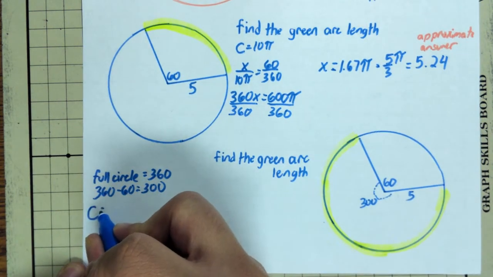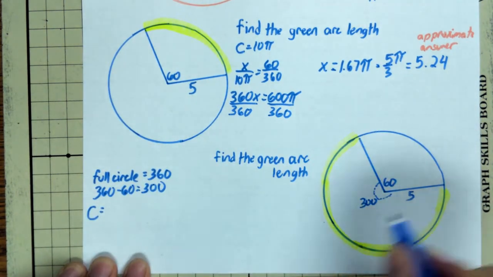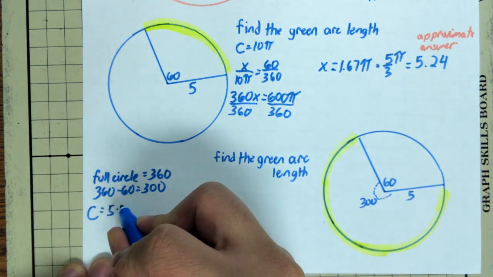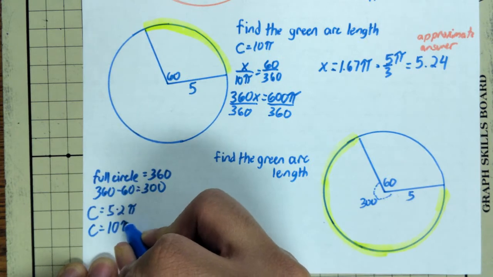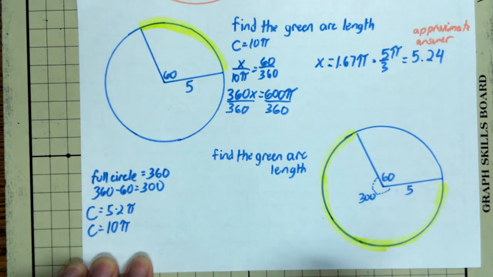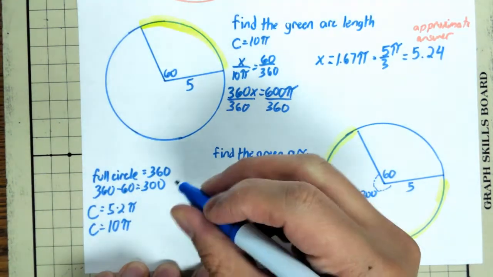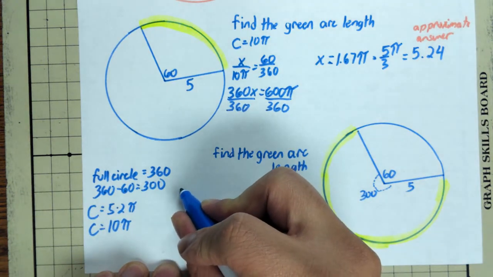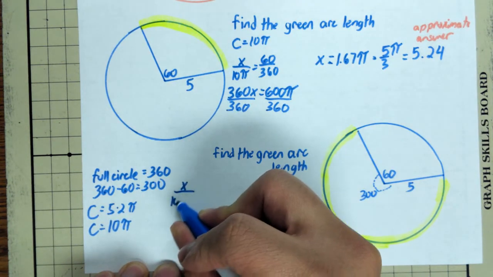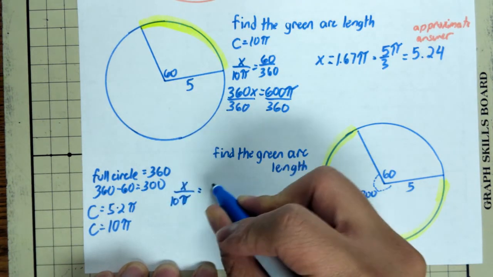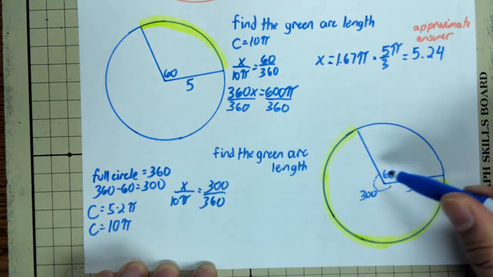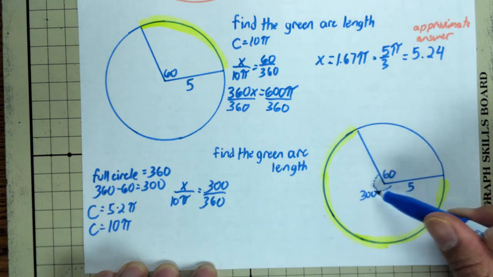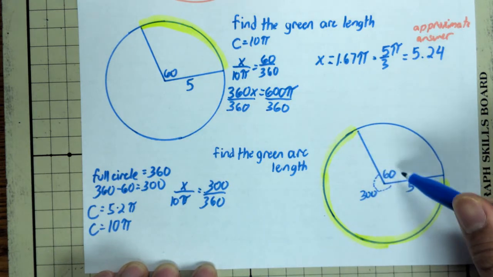Last bit, my circumference, radius of 5 times 2, 10 pi. Now we can set up our proportion again. X over 10 pi equals this time 300 over 360. So remember, my angle is for this part, the 300, not the 60.